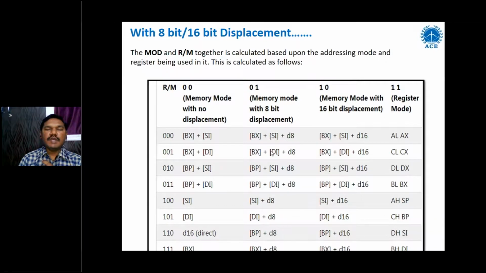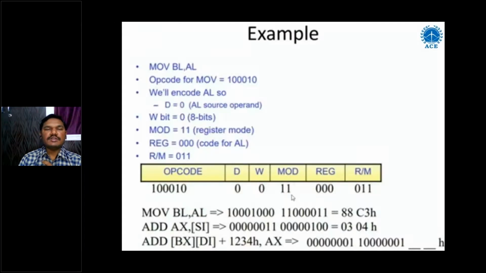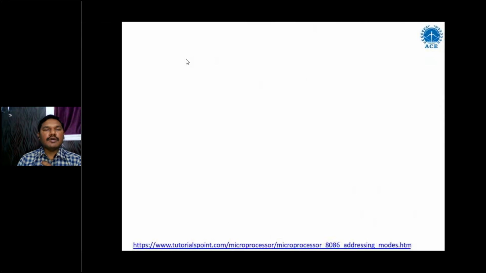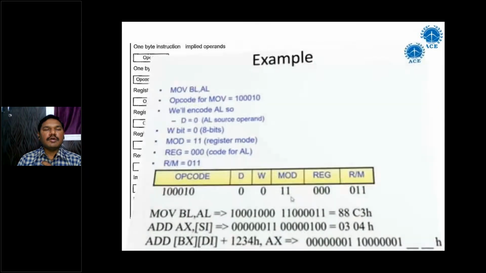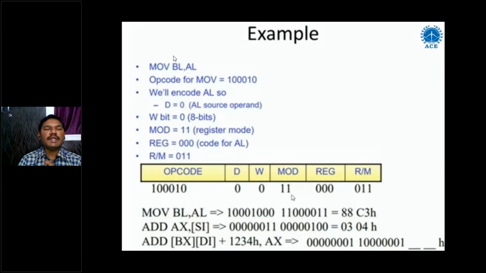Right. So see here, I already explained all these things. For example, if I have the instruction MOV BL, AL, I want to copy data from AL to BL register. Then the opcode, the operation code already given for this move, is 10010.